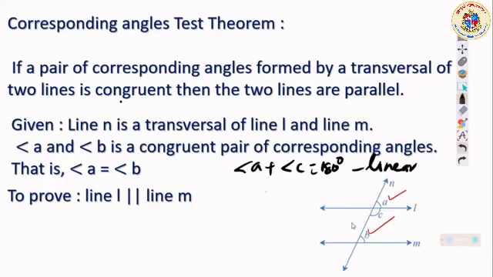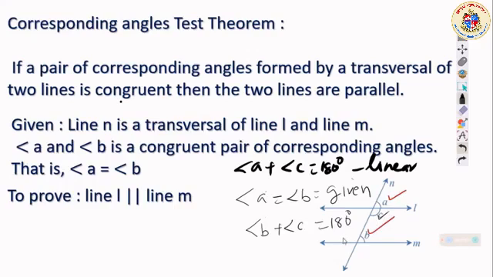And again, angle A is equal to angle B is given. So we can replace A with B. That means angle B plus angle C is equal to 180. It proves that the interior angles have a sum total of 180 degrees.